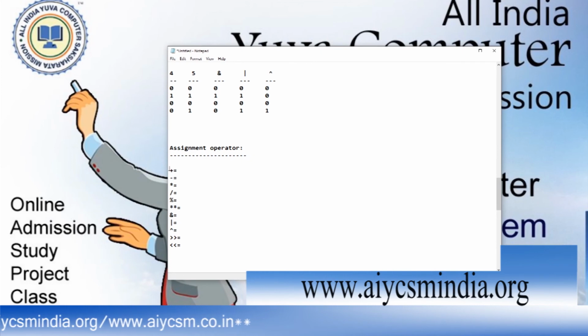These are examples of assignment operators.